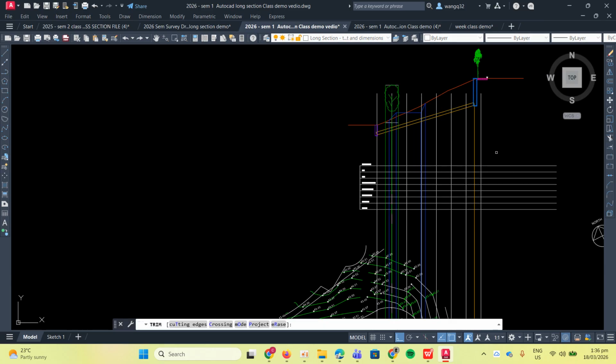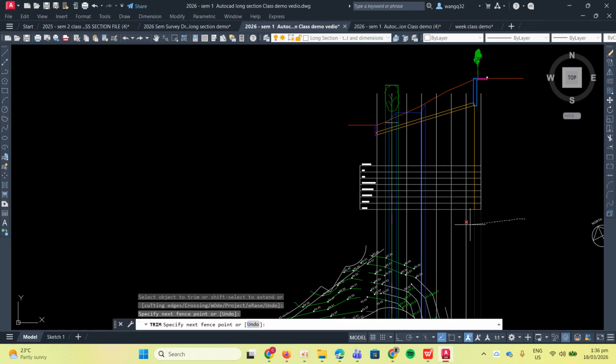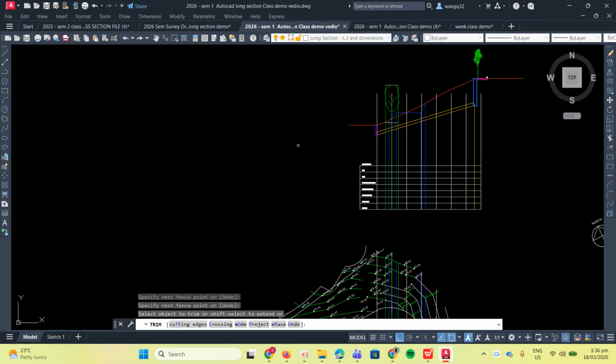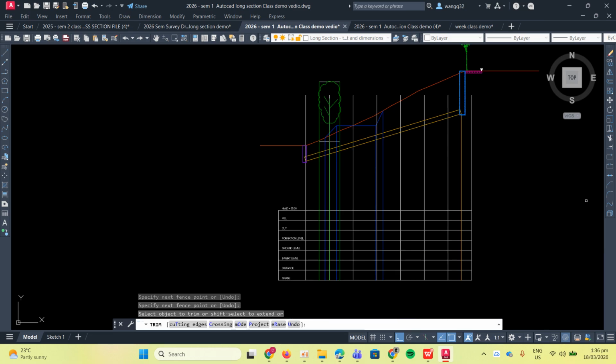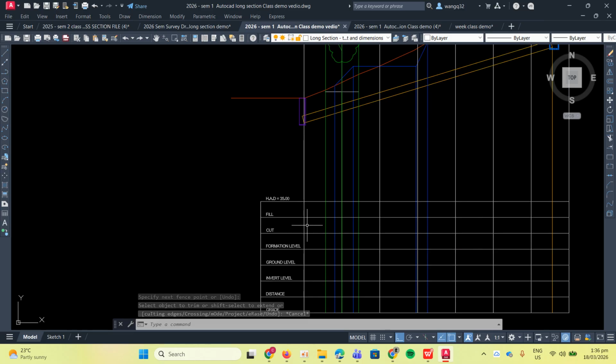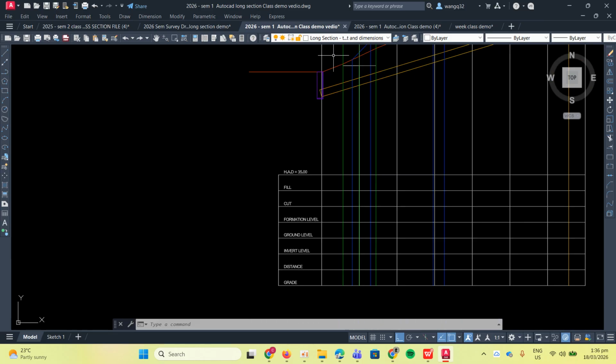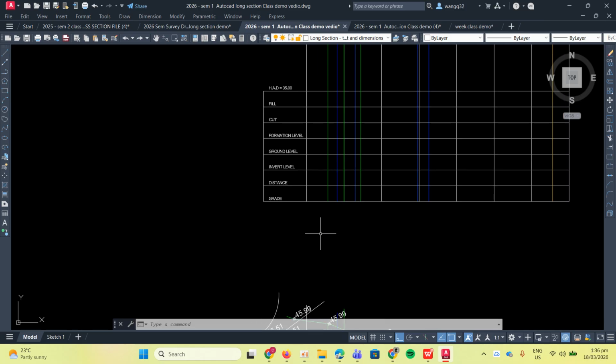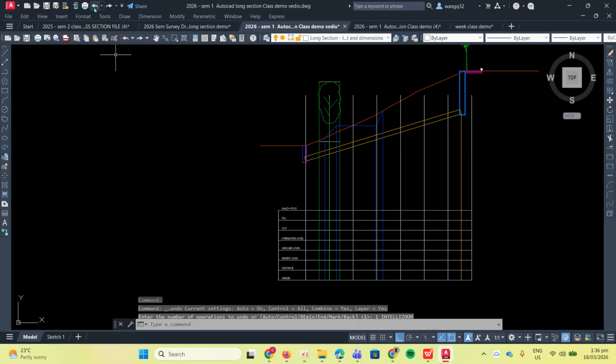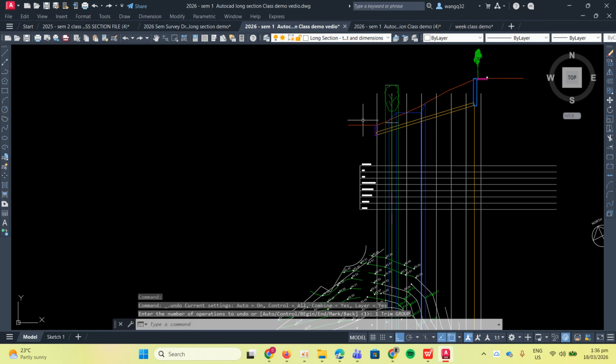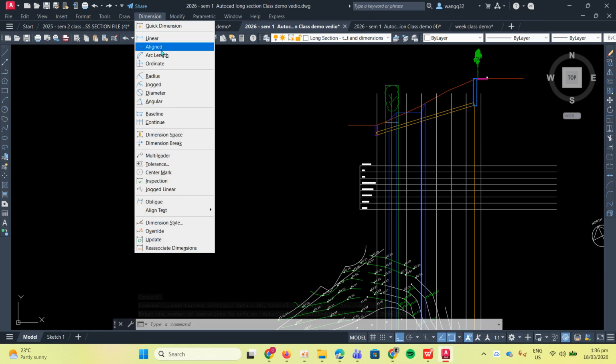To make it tidy, I might just trim off these ones I don't need. And now we're going to put some data in this one. Oh, we shouldn't trim that one. We just leave that one for now because I need to do some dimensions.